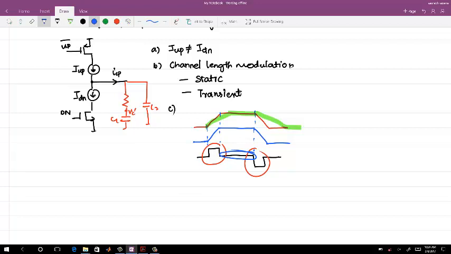So it's a very critical design for the charge pump, that you should have both static and transient current up and down pulses match, but nothing is ideal.